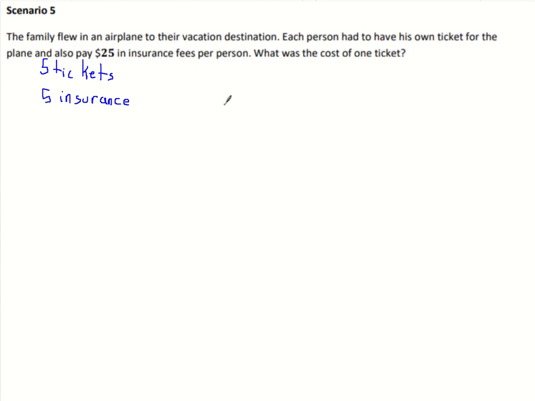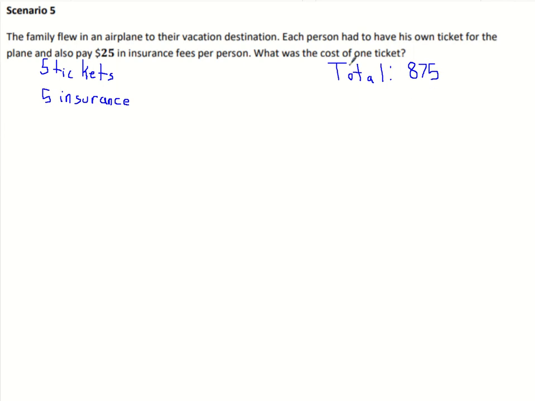Then, once again, we have to go all the way up to the top to find out what our expenses were for this section. Our total is going to be $875.